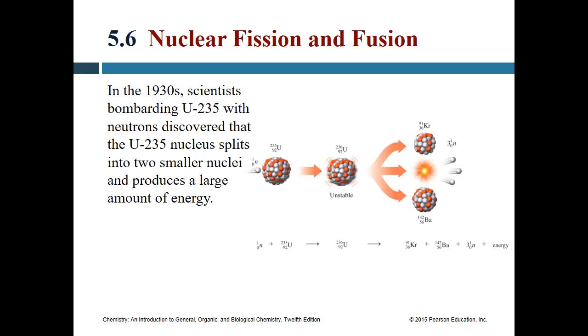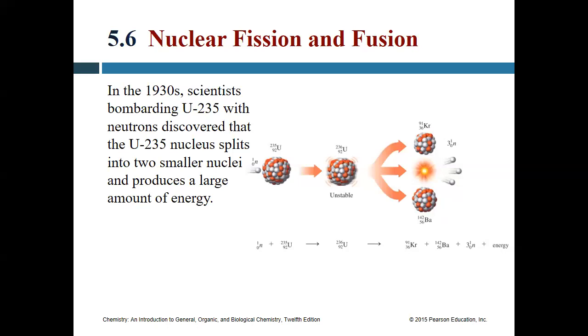All right, the last thing that we're going to get into is the thing that brings about the most apprehension when we talk about nuclear processes. We know about radiation. We know about things that occur in the background.